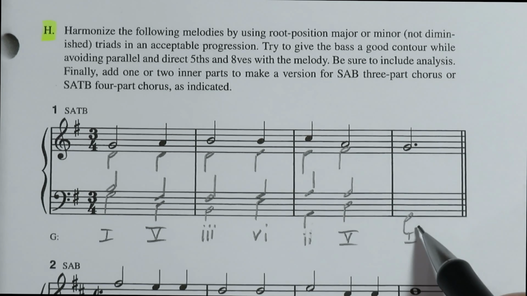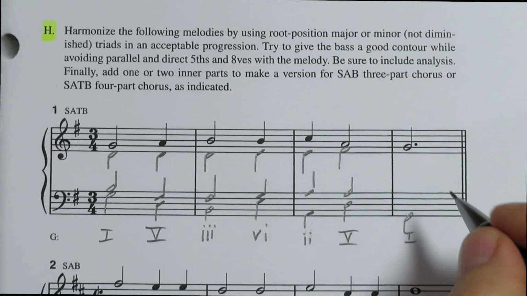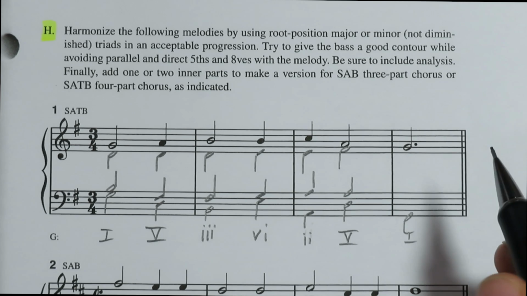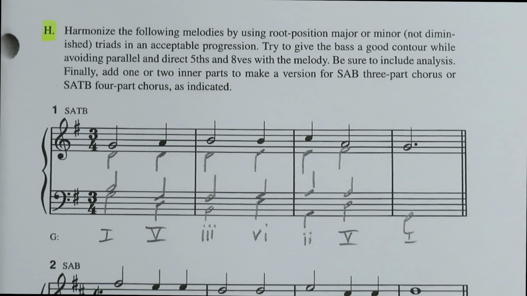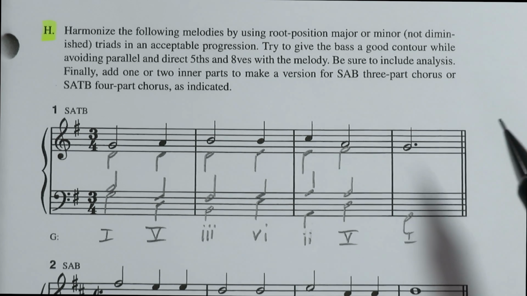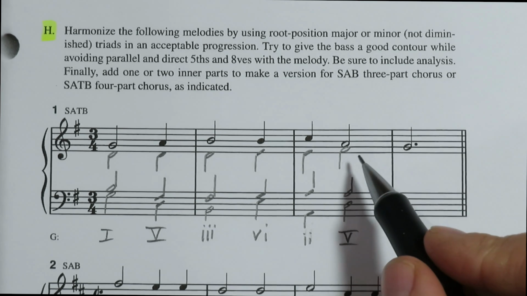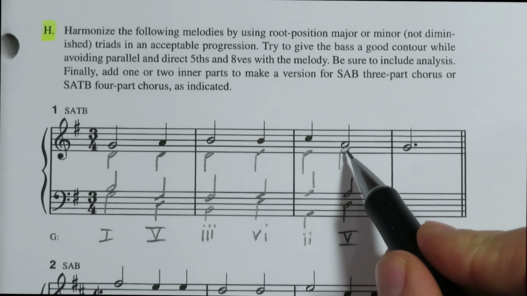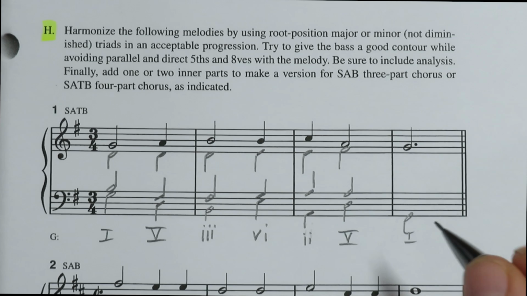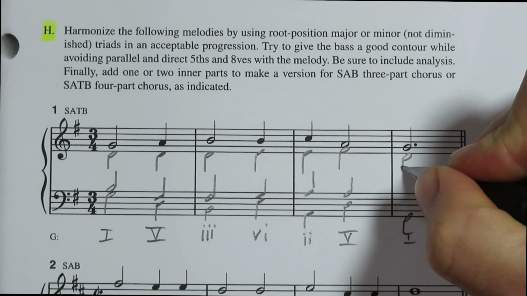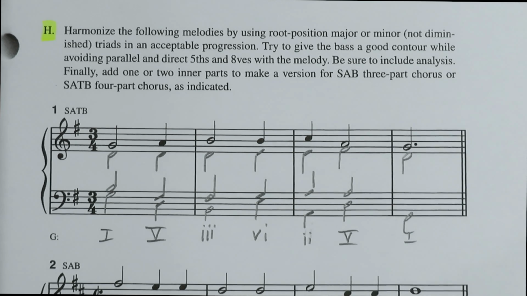This is a 5-to-1 cadence, and you need to be careful with these. The leading tone is in an inner voice, and so we can frustrate it. It doesn't have to go to the tonic. It's in an inner voice, right? So we can make it jump down a third to the D, all right?